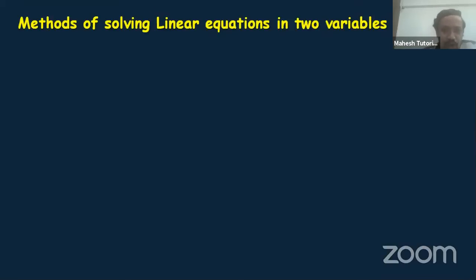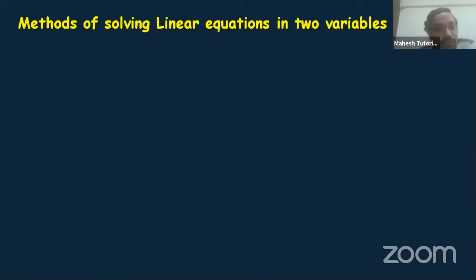Students, if I am not wrong, in your ninth standard we had learned two methods of solving linear equations in two variables, where two equations were given and we solved them to find the answer, x equal to this and y equal to this, right? Basically, students, in mathematics, to solve a linear equation in two variables means to find the values of those variables.